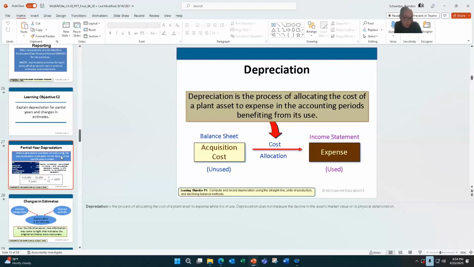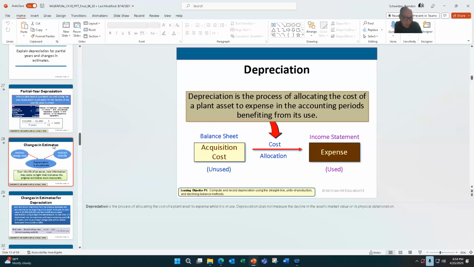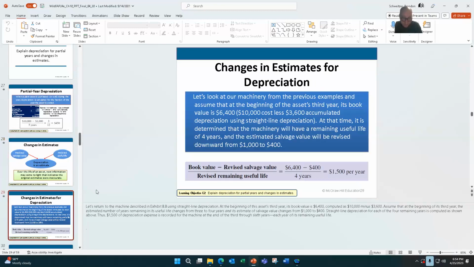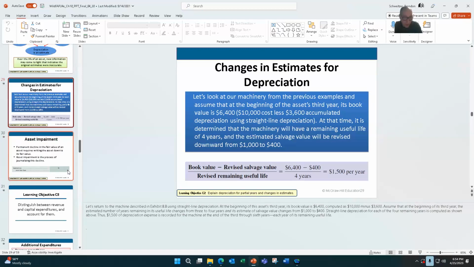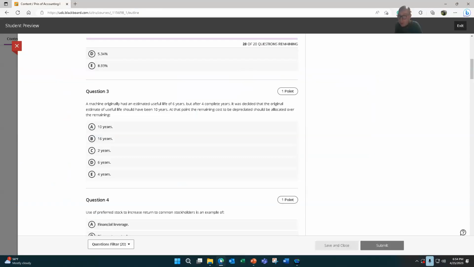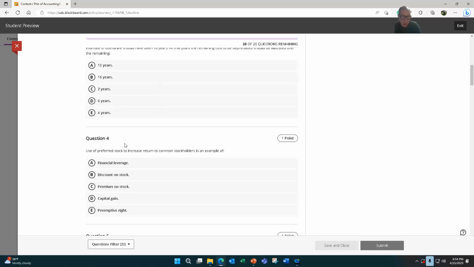We also talked about this concept called changes in estimates in chapter 10. So if you look at changes in estimates for chapter 10, we can figure out the answer to question 3. So question 3, that's chapter 10. Should hopefully help you out with question 3.